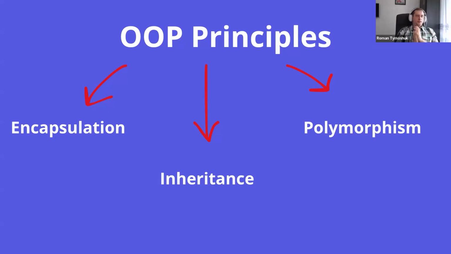Yaroslav also raised his hand. Please, Yaroslav. I've got an interesting fact. Every class in Java has a parent class. Its name is Object. So we get all the basic methods from there. That's right. So everything is an object.